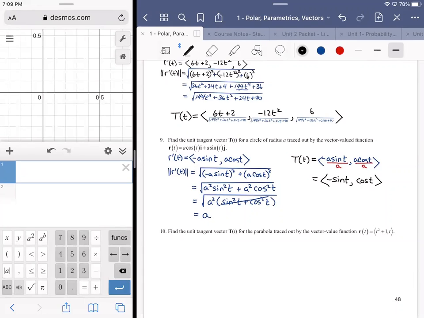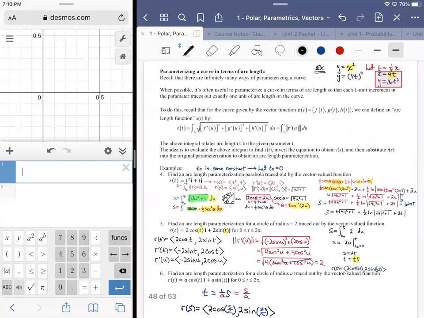So this one should look pretty familiar because they're all, in a sense, repeats of the problems on the previous page. That was alliterative. It's asking for the unit tangent vector for this parabola. All right, so you can steal your work because we did it already.